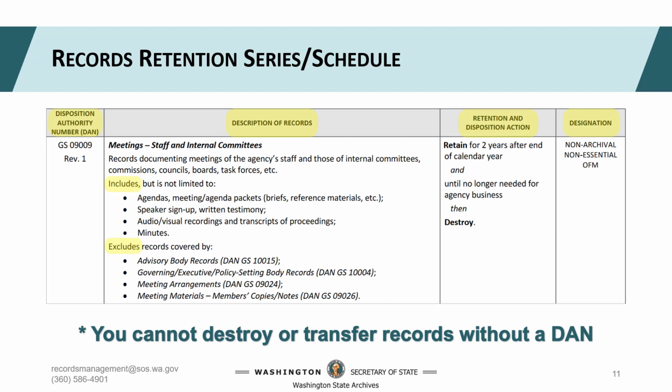The designation field can go in one of several ways, starting with archival or non-archival. Archival records have long-term public research value and should be transferred to the Washington State Archives for appraisal or permanent retention. Non-archival records don't carry the same weight and can be destroyed as soon as they've met retention.